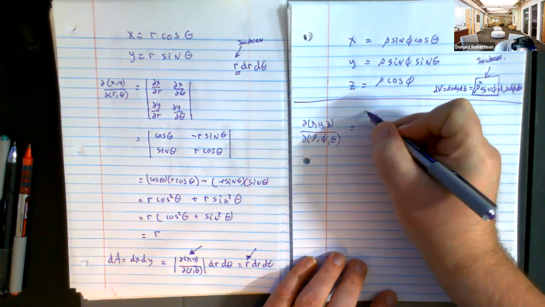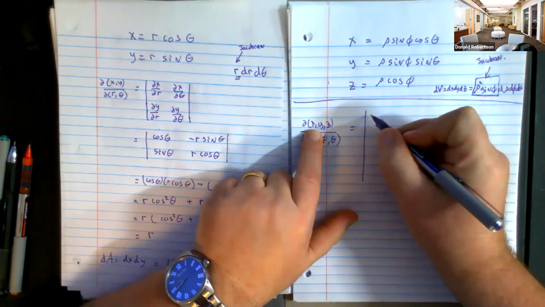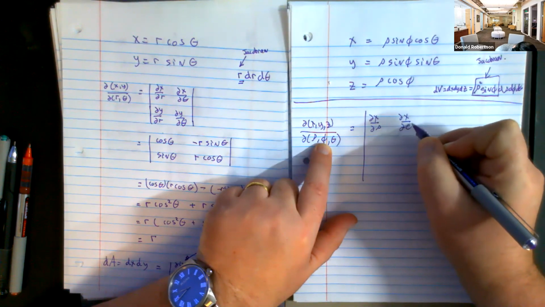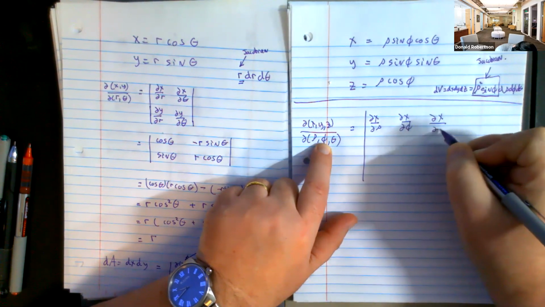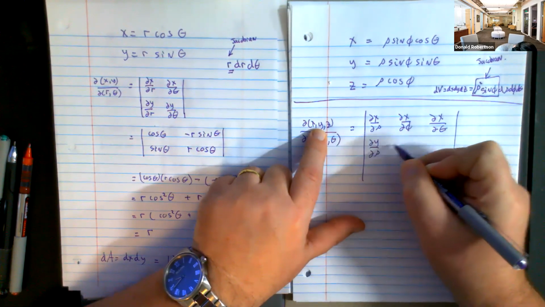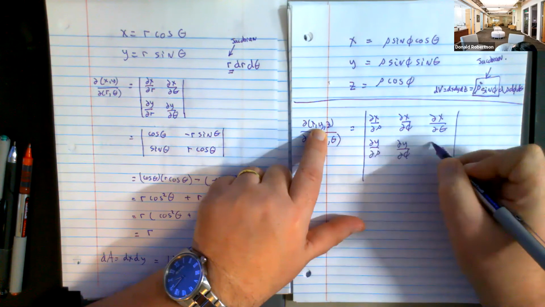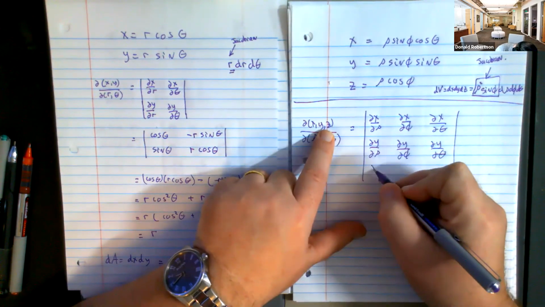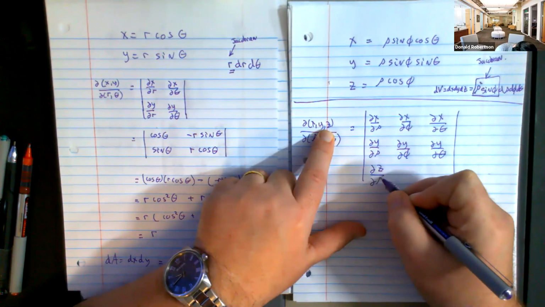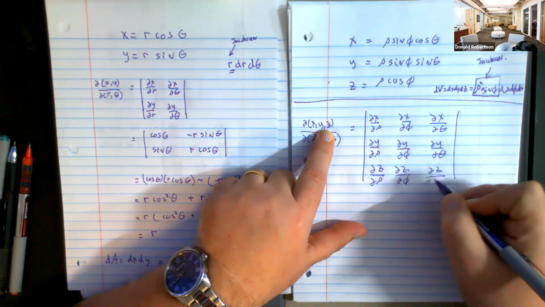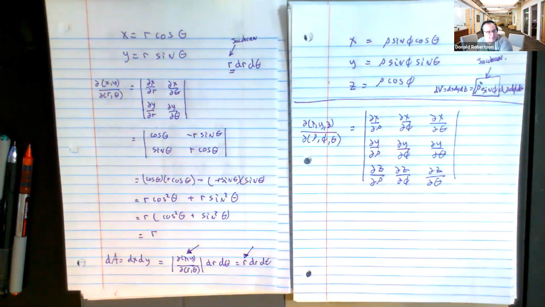So I'm going to have to push this one. dx by d rho, dx by d phi, dx by d theta. dy by d rho, dy by d phi, dy by d theta, dz by d rho, dz by d phi, dz by d theta. You happy about the 3 by 3? Massively ugly guy.